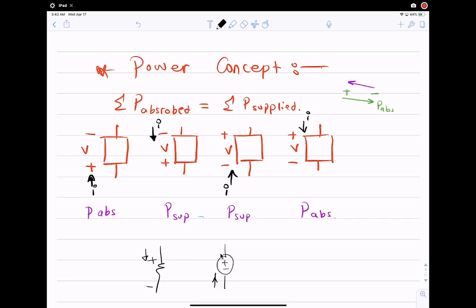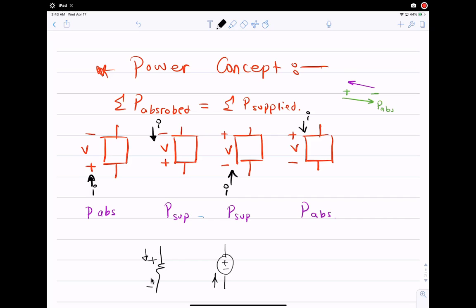I always think of this as an elevator. If I enter a building and I want to move from, let's say, the top floor, number 5, to the ground floor, then I'm descending. That means the power is absorbed, or I'm consuming.